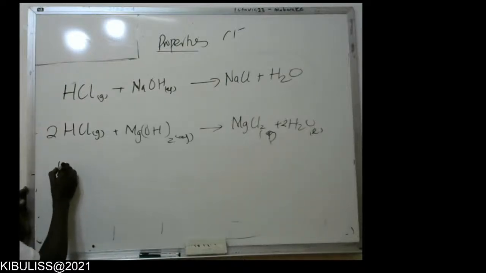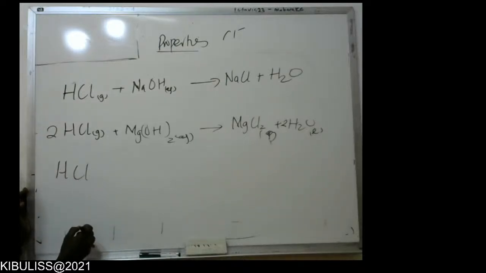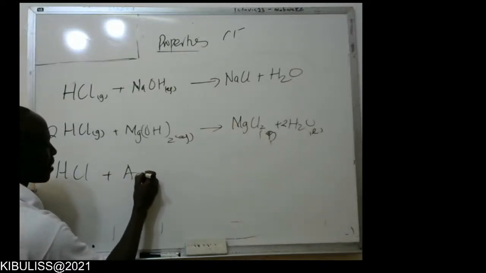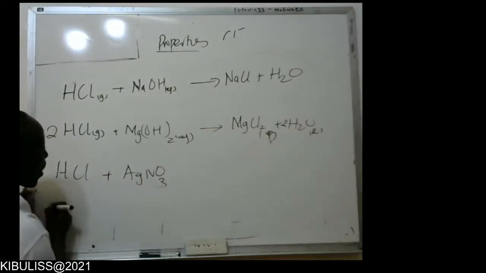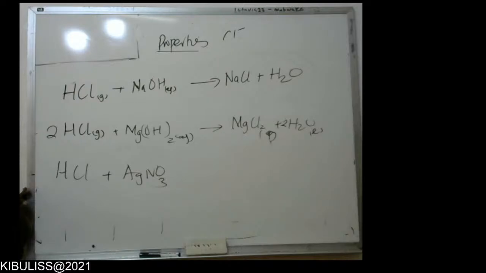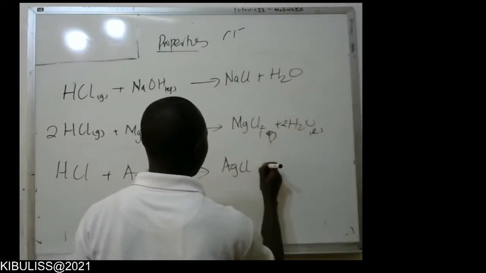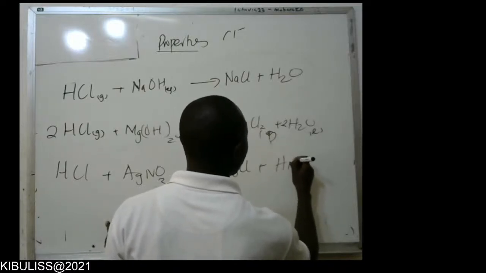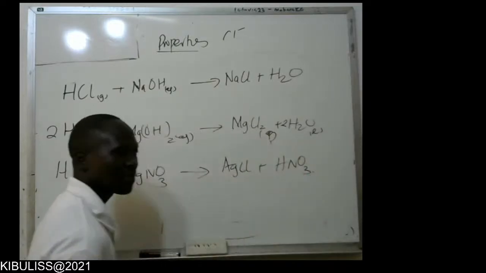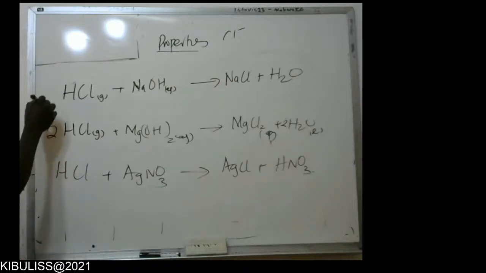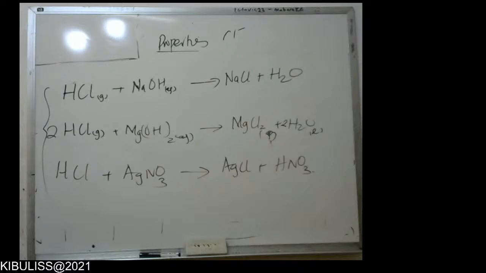Do I expect hydrogen chloride to react with silver nitrate? It was one of the tests. So what do we form? Silver chloride plus nitric acid. So, generally, the reactions of hydrogen chloride gas are the same as the reactions of hydrochloric acid.